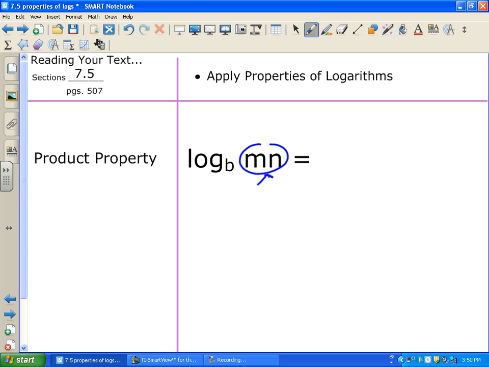That's a log base b of m times n. So we have m times n within that expression. So that means multiplication for logs, when it's called expanding, we will change it to addition.